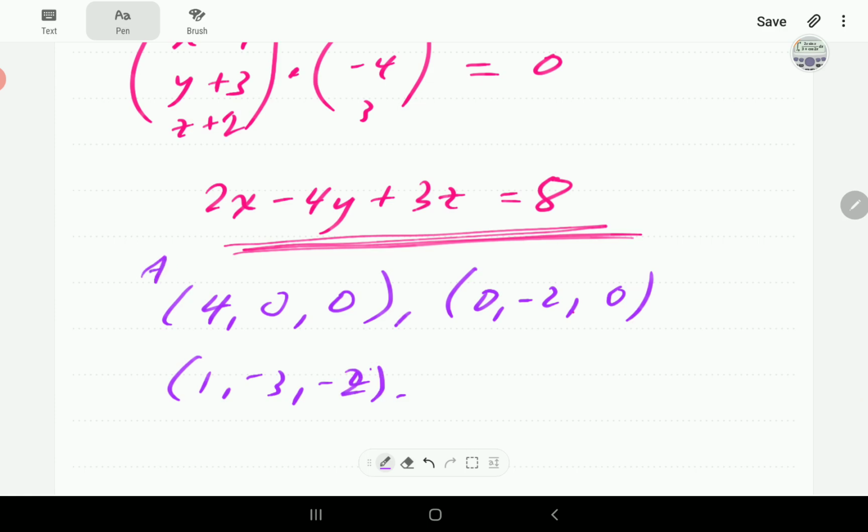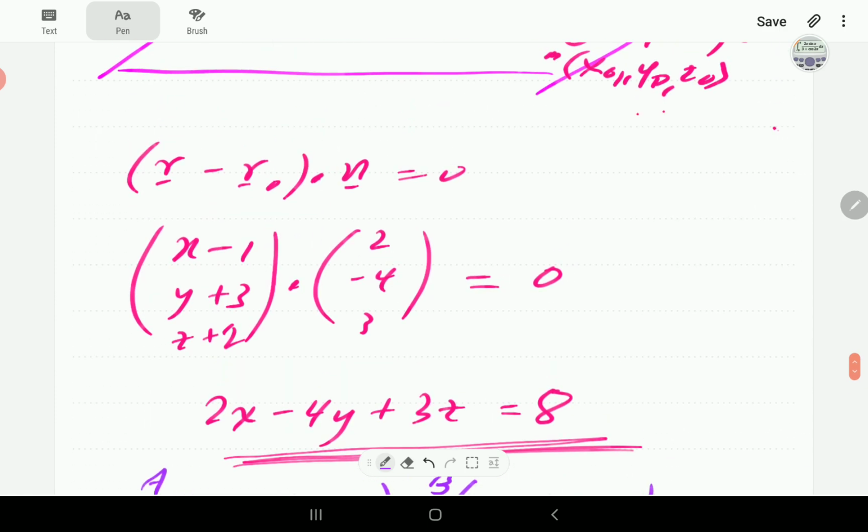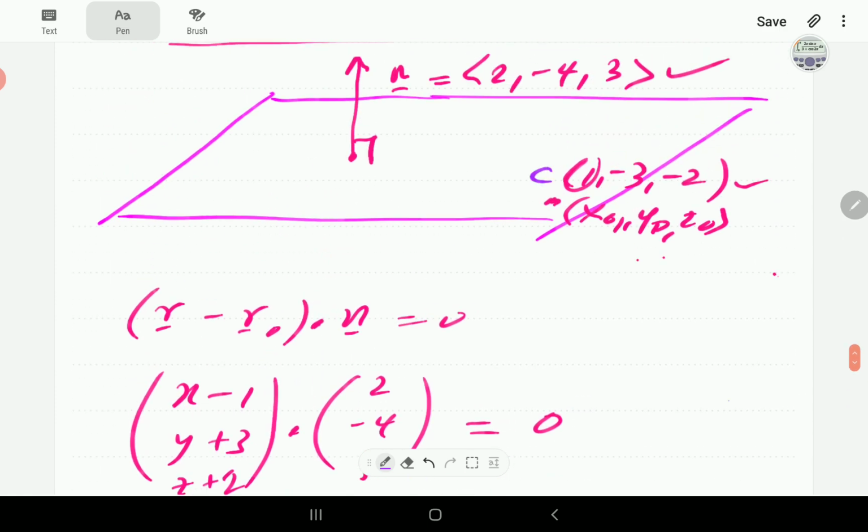So we call these A, B, and C. That means this one is going to be C. We could put A there, we could put B there. Then from those we can get the vectors that we require. A is (2, 0, 0), B is (0, -2, 0).